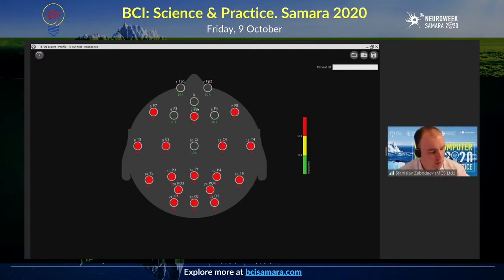Here we can also evaluate earth impedance. This is just a schematic. We didn't use it with the real subjects.